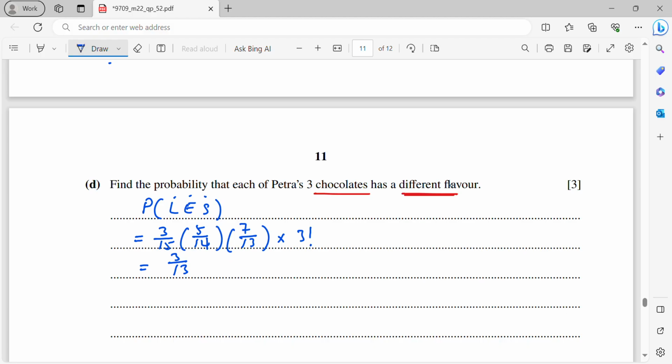So now, you may use this method, or you can just use 3 different flavors, right? It will be 3C1 times 5C1 times 7C1 over 15C3. Okay, so here you will get 3 over 13 as well. So you have 2 methods to solve this question.